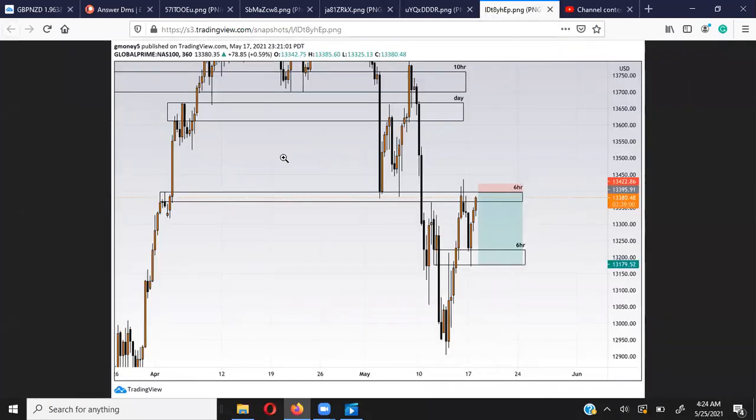Right here, you have the NASDAQ 100 we already covered, but this is a double sell. This is the first, looking for a second sell. I wouldn't advise you to do that, especially when it's retesting it like that.